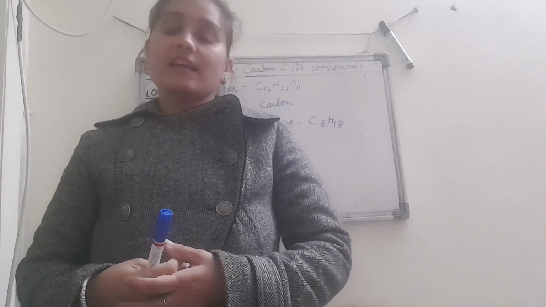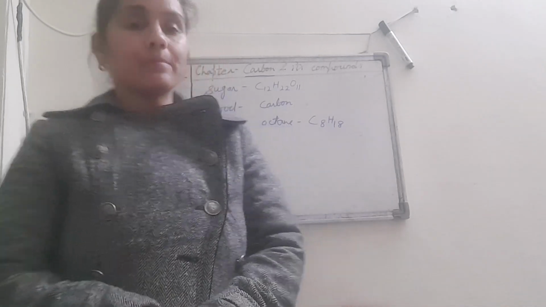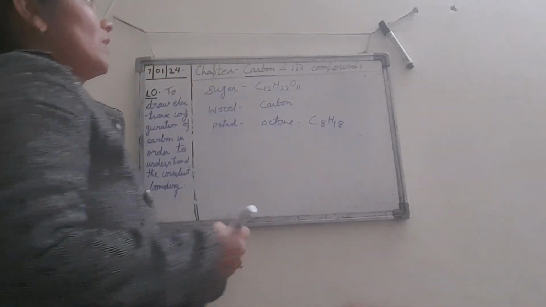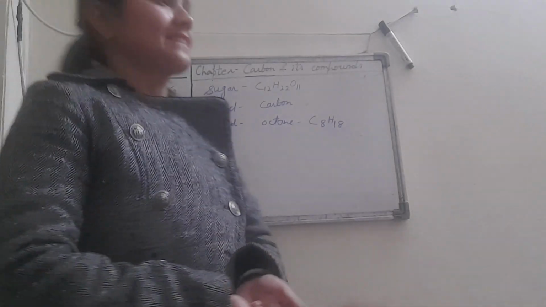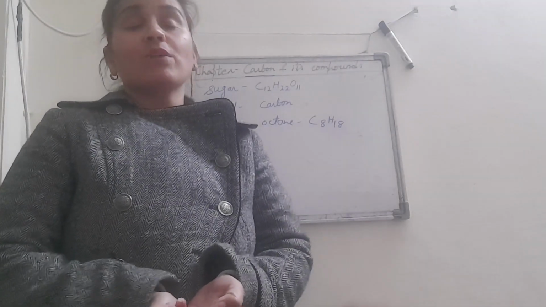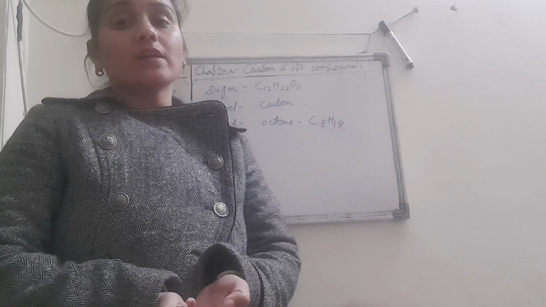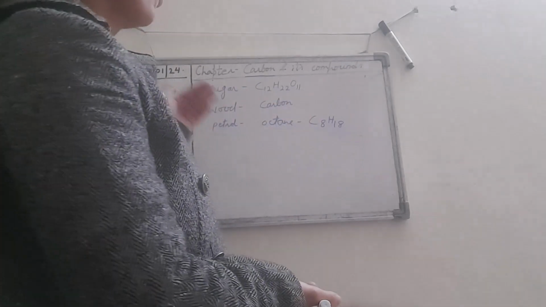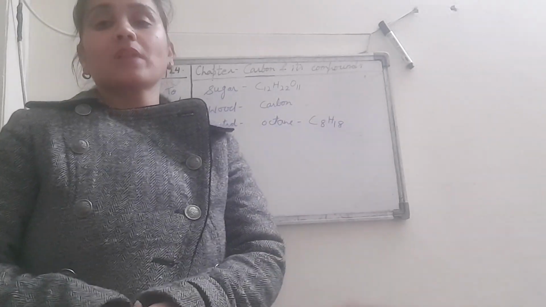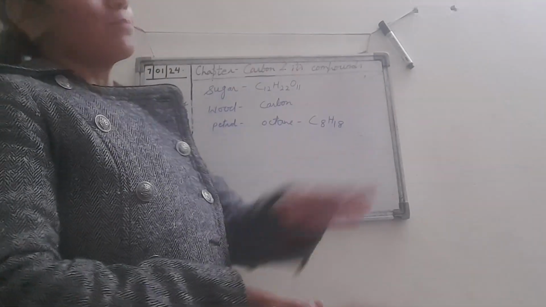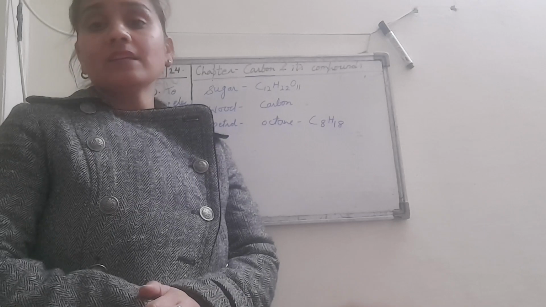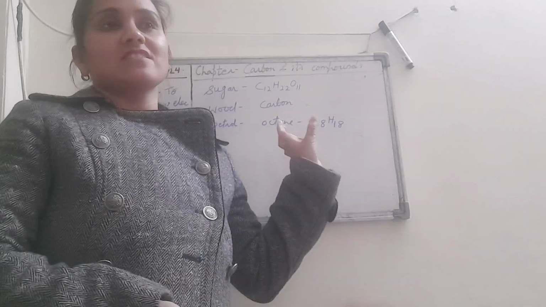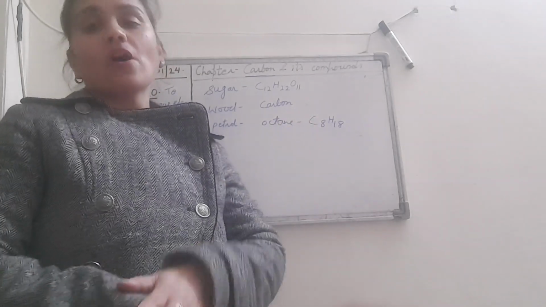Our body is actually made up of carbon. So now you can understand why it is very important to study about the carbon and its compounds. And moreover, if you choose for the science stream, then this carbon and compounds chapter is very important, because this is the basic of the organic chemistry.